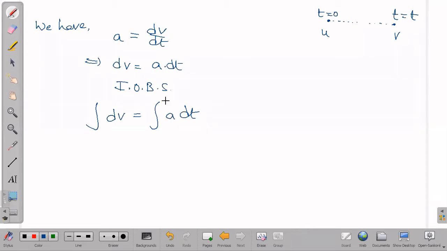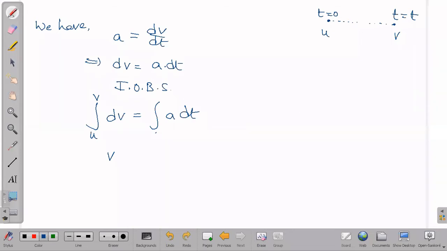Now, integration of dv, I just said integration of dx is x, so integration of dv is v. From where to where we are integrating, initial limit is u, final limit is v. Here dt is there, that means in terms of time we are integrating t is equals to 0 to t is equals to t.